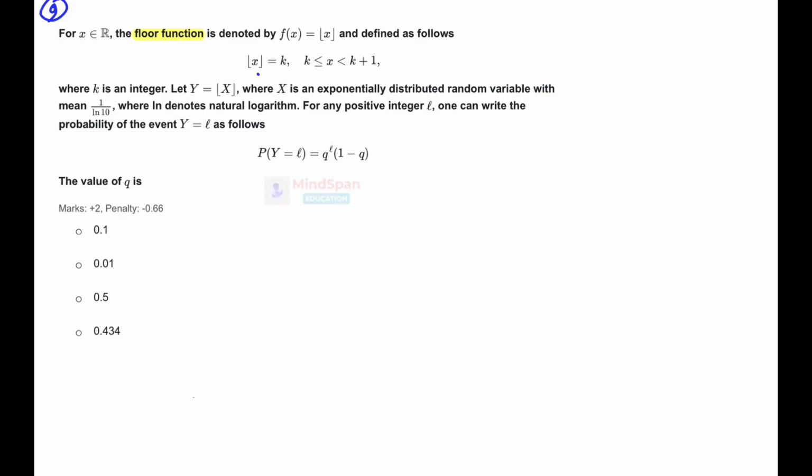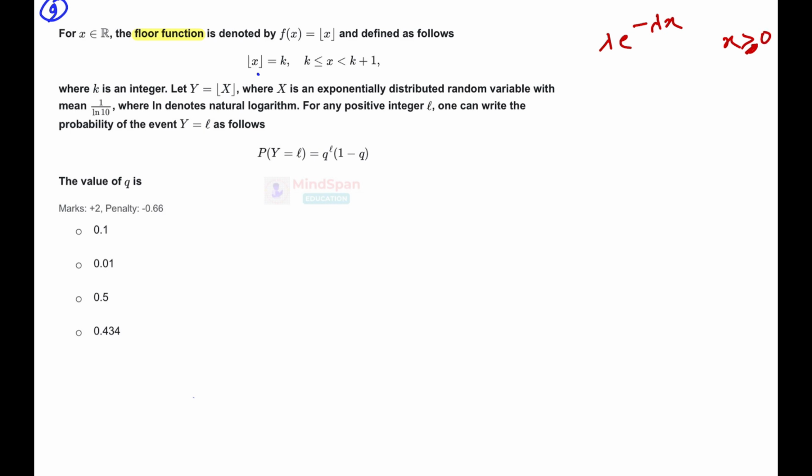So if you recall the PDF of this random variable, the PDF is lambda e to the power minus lambda x, and the exponential random variable has probabilities distributed only for positive values of x, so when x is greater than or equal to 0, right?